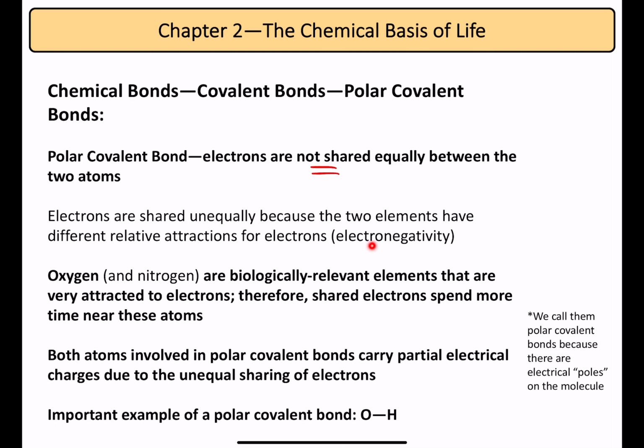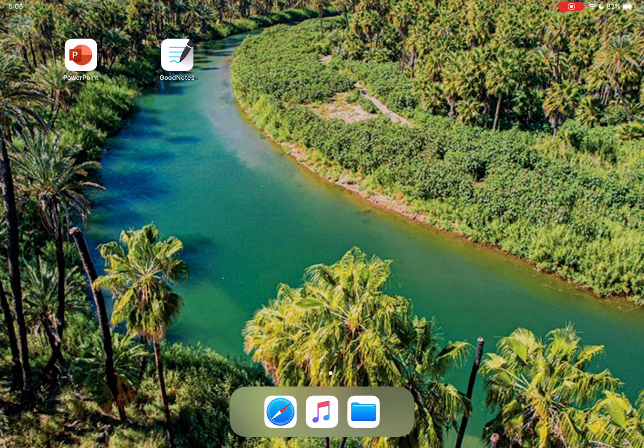The technical term for the atom that likes electrons more than the other is that it is more electronegative, which just means it really likes electrons. You might be wondering, why do some elements like electrons more than others?